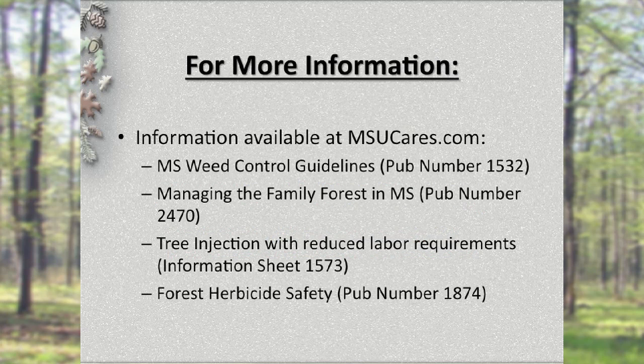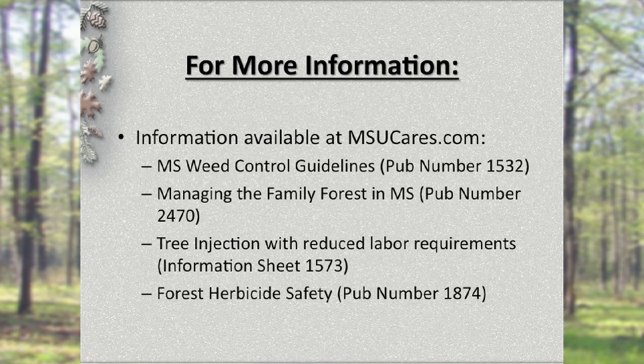Now, for more information, we have lots of information available on our website, MSUcares.com. And here are a few publications. Our Mississippi Weed Control Guidelines, publication number 1532, provides information on all sorts of weeds that we want to control in Mississippi for agriculture, all the way on up into forestry and lawn use. It gives recommended herbicide rates for different species and different application methods, and that's updated annually.